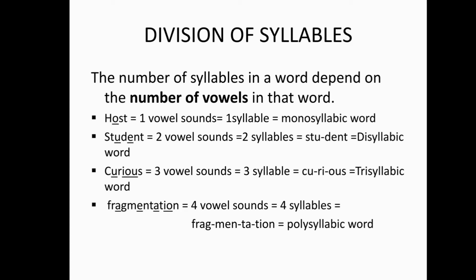Take the first example, host. In this word, by using the vowel sound O, we can produce the sound ho. This sound is used to pronounce the word host. So, the nucleus of this word is O. The next example, student.